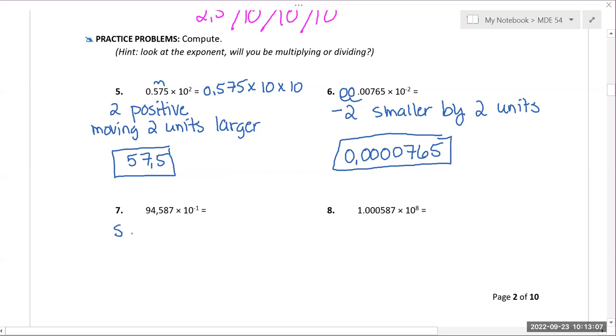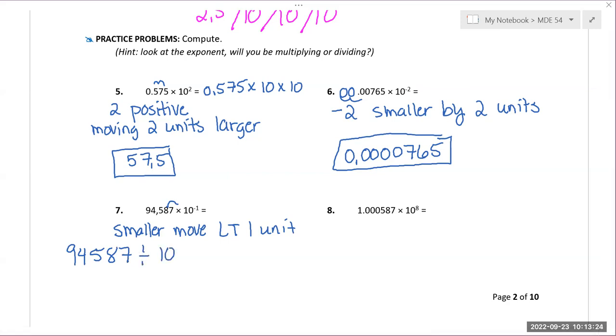So move to the left 1 unit. Or take 94,587 and divide it by 10. Same thing. So that gives me 9458.7.